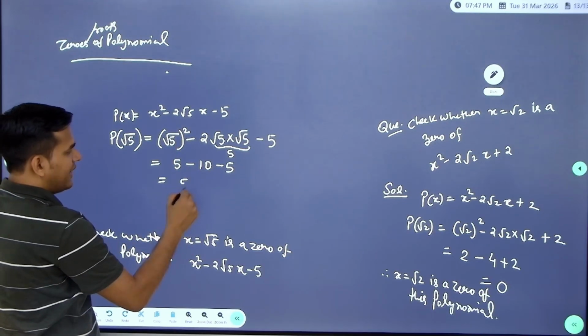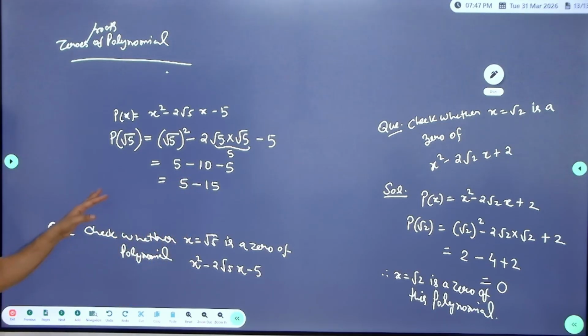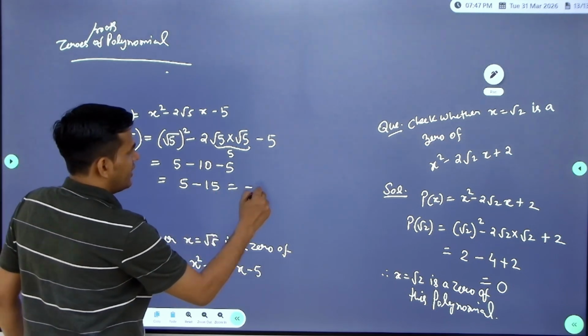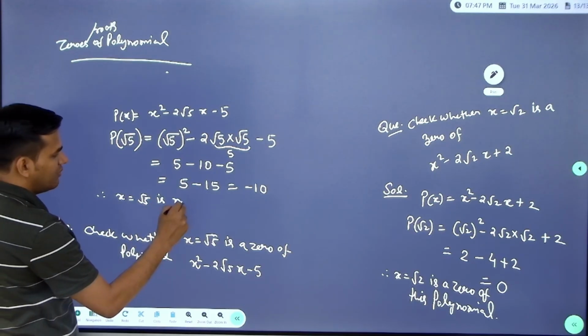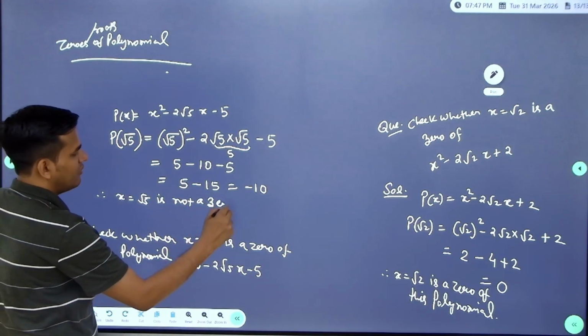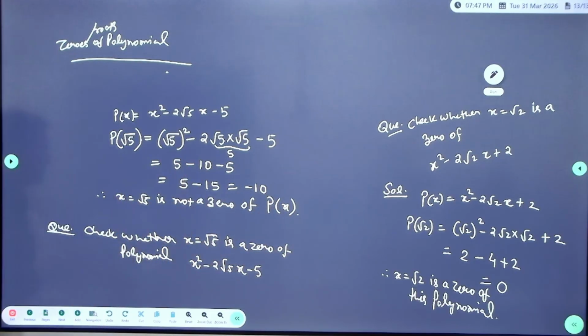So this becomes 5 minus 10 minus 5, which is minus 10. So therefore, x equal to root 5 is not a 0 of this polynomial. Got it? So to check the 0, we have to substitute the value of x.